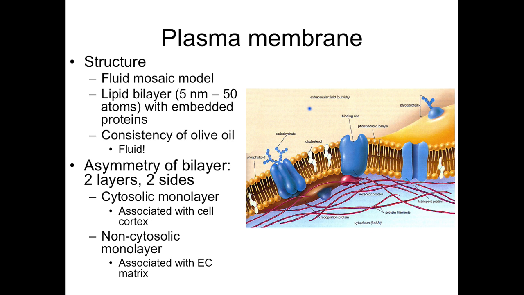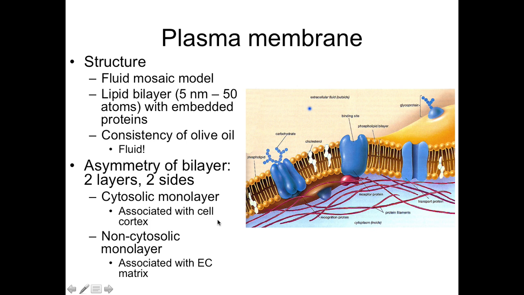In terms of number of molecules, the phospholipids are by far the most numerous molecules, but they are about equal in terms of mass with the proteins that are embedded within the membrane. The lipid bilayer is termed such because you have these two faces of the membrane.